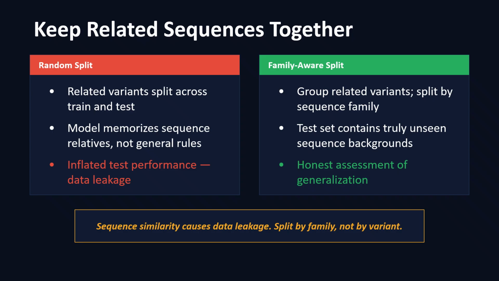The model is not learning general rules, it's recognizing close relatives. To properly evaluate generalization, we should group related sequences together and split data by sequence family. That way, the test set truly contains unseen sequence backgrounds. This prevents inflated accuracy and gives a more honest assessment of model performance.